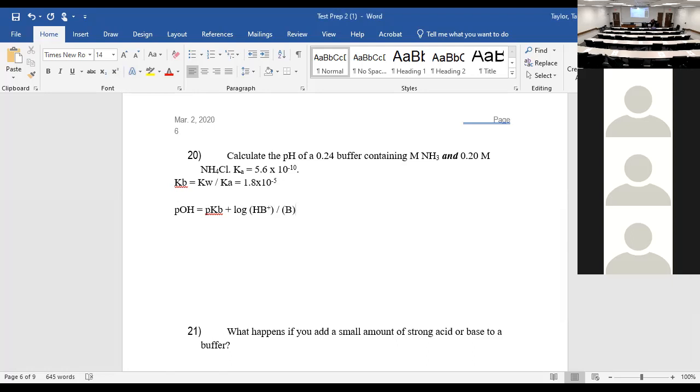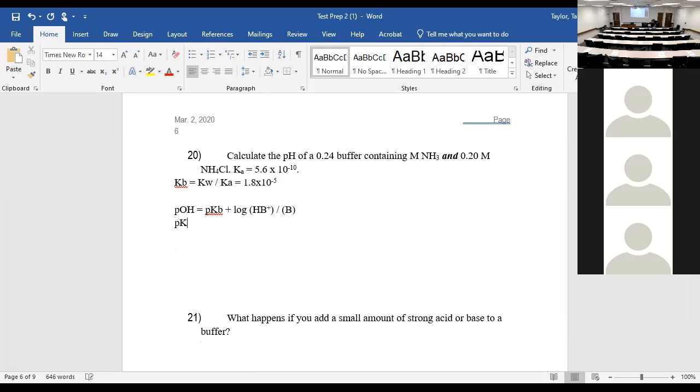So we know the Kb is this number. So then you take the negative log of that, log of 1.8 times 10 to the negative fifth. And you get the pKb is equal to 4.74.